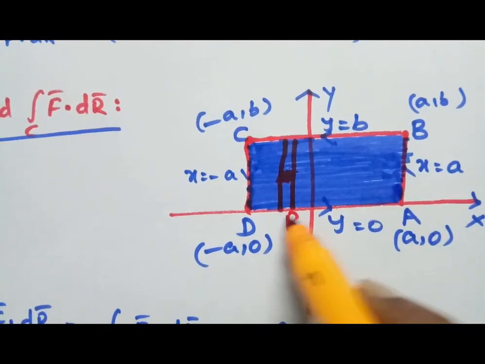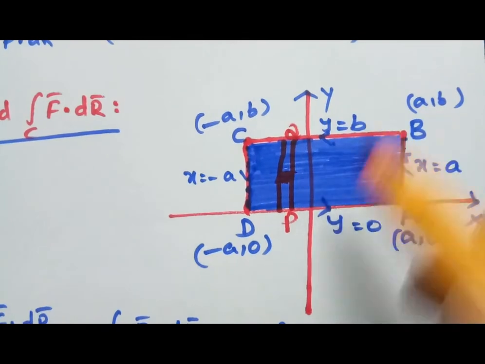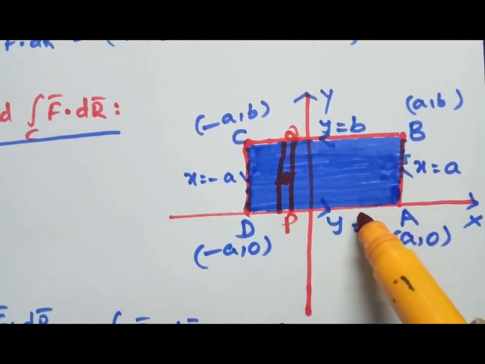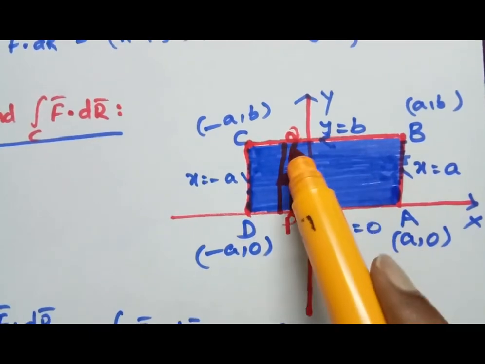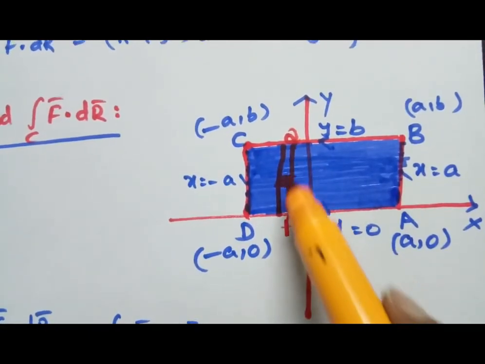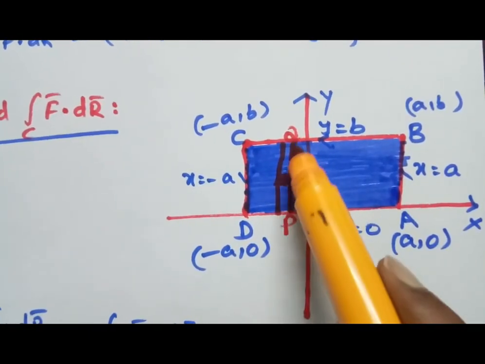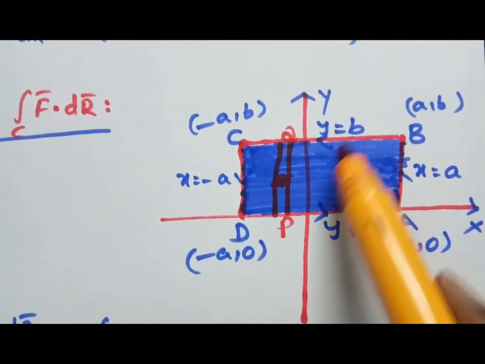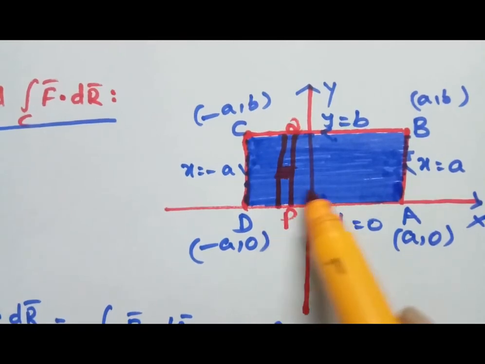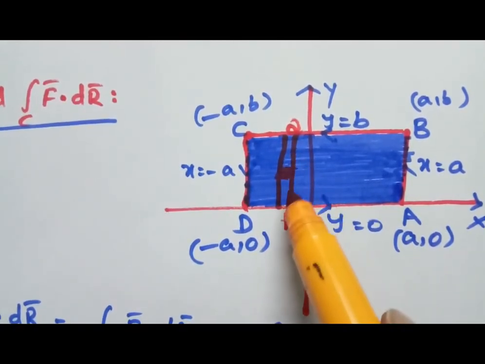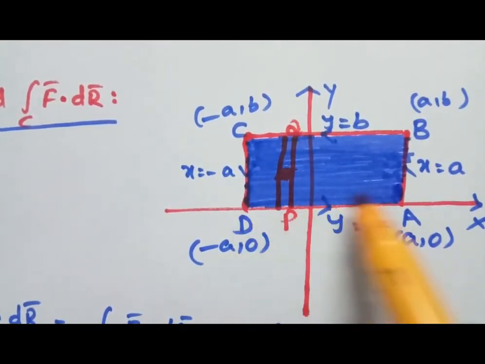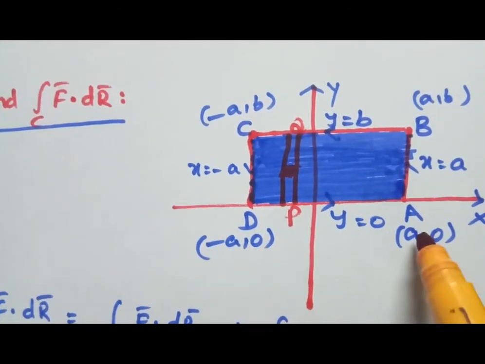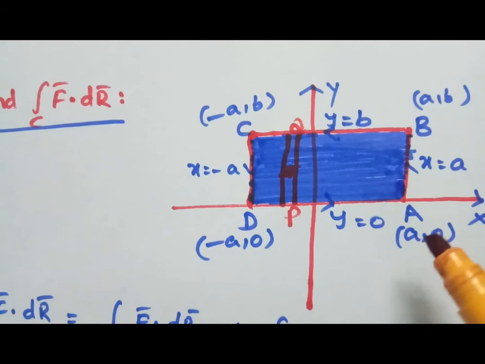The lower end of the strip PQ, P, lies on y equal to 0, and the upper end of the strip, Q, lies on y equal to b. Therefore y varies from 0 to b, and this vertical strip PQ slides from D to A as x varies from minus a to plus a.